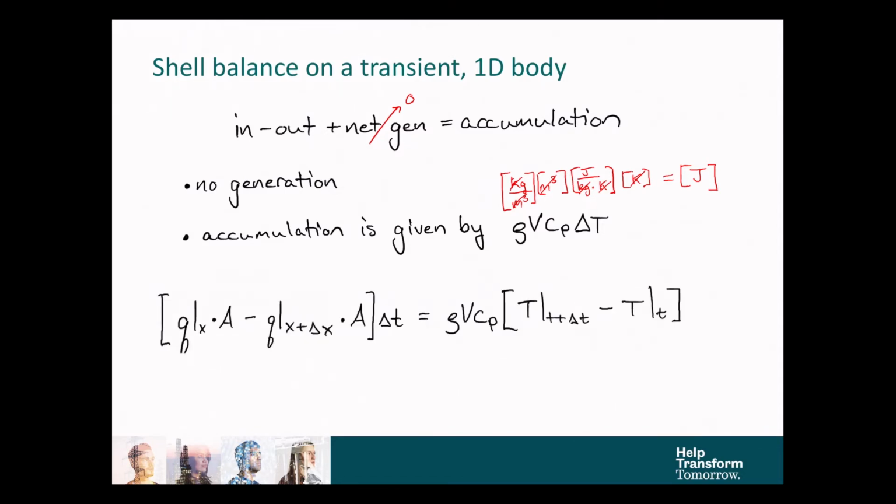All right, so if we write down our energy balance, here's our in term, here's our out term. These are, again, the heat fluxes at the positions x and x plus delta x. And what's different here is that we're going to multiply by a delta t, a time increment. The reason we're doing that is to put the entire units of this expression into joules rather than joules per second.